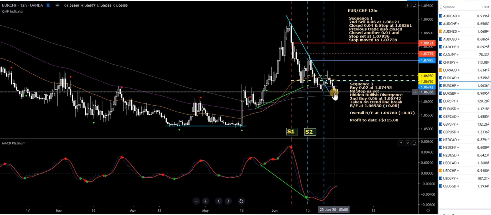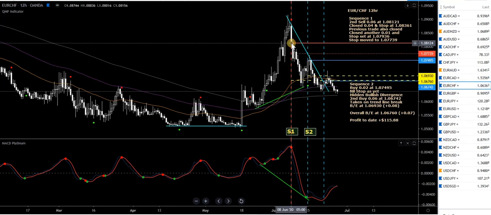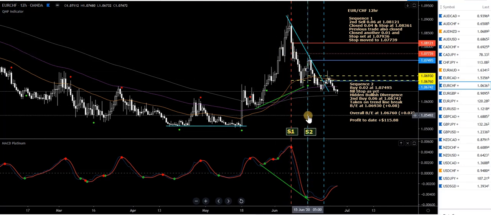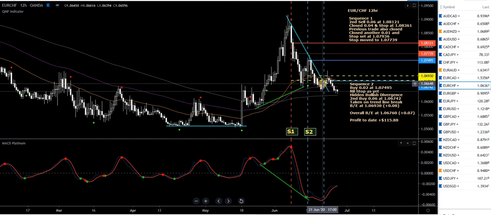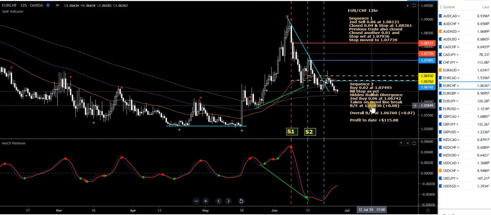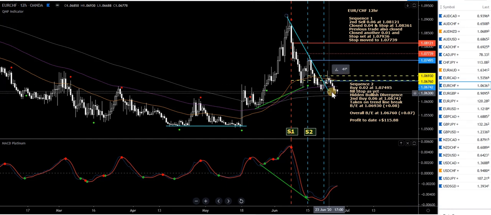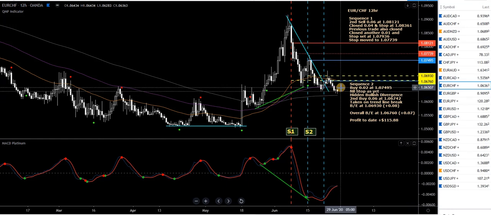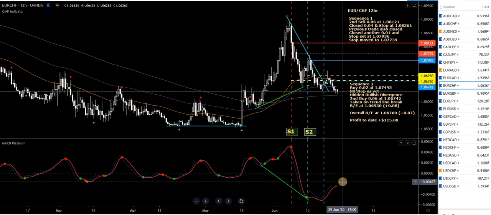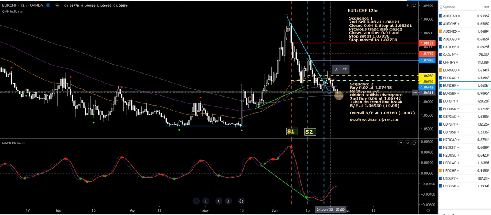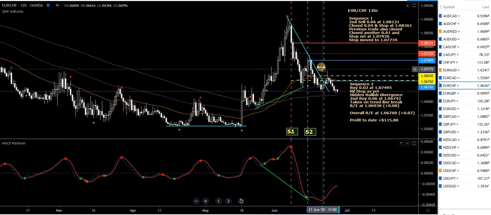Euro Swiss, yep, in a sell all the way up here, stop in place there. So that's sequence 1. Sequence 2 was a buy, followed by a second buy on the break of the trend line. See my notes there, trend line break, and it's gone against me, or it's just gone down. So MACD Platinum still below the 0 level. I may end up hedging sequence 2 or readjusting.